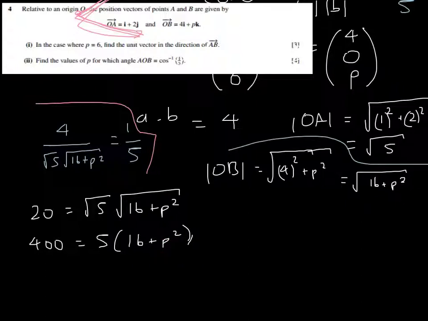If we divide both sides by 5, we get 80 equals 16 plus p squared, and if we take 16 away, we get p squared equals 64. That means p equals plus or minus 8, taking the plus or minus square root of 64. So I've got two solutions, either 8 or negative 8. And we're done.